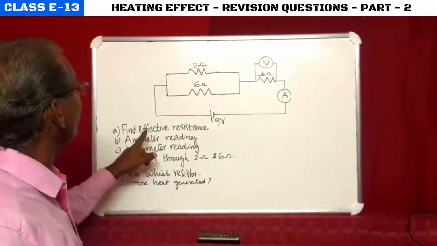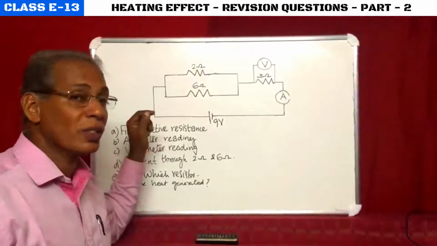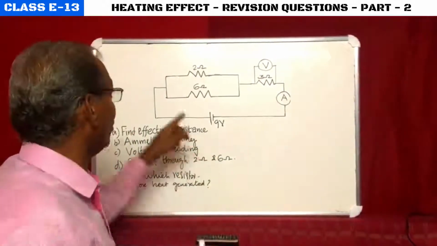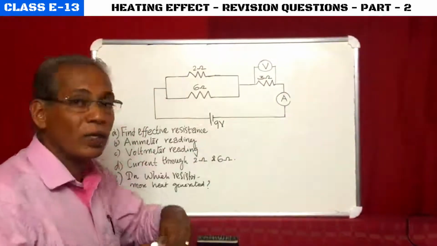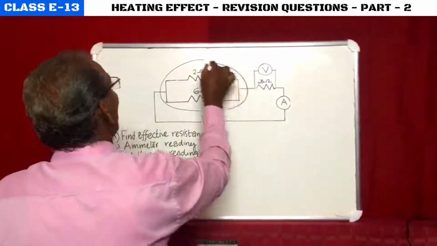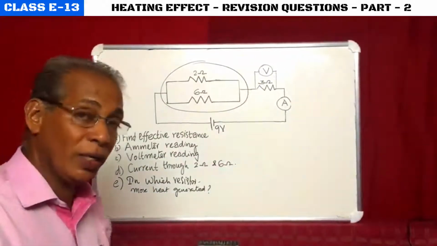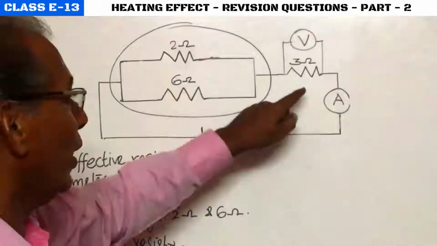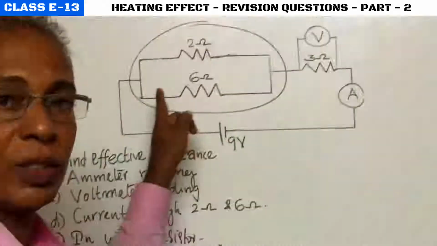Now we have to find first the effective resistance of the circuit. Effective resistance of the circuit is not only this. There are actually two parts here. These 2 and 6 are in parallel, so there is one effective resistance, then the total effective resistance of the circuit.